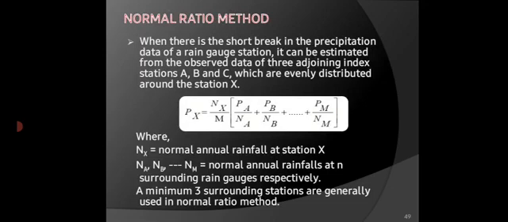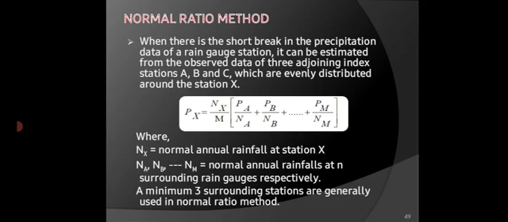Third, normal ratio. Again, when there is a short break in the precipitation data of a rain gauge station, it can be estimated from the observed data of 3 adjoining index stations A, B and C, which are evenly distributed around station X. X is the missing data station.